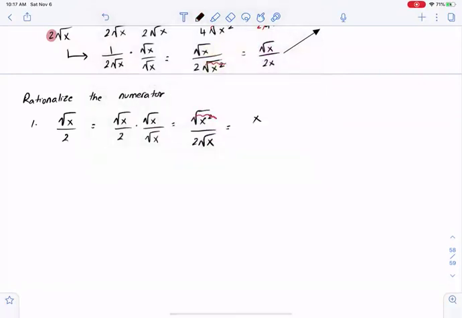So we'll simply have x divided by 2 root x. So we rationalized the numerator, but then root x popped up in the denominator. So the process is exactly the same, but with a small change: you multiply and divide by the numerator term instead of the denominator.